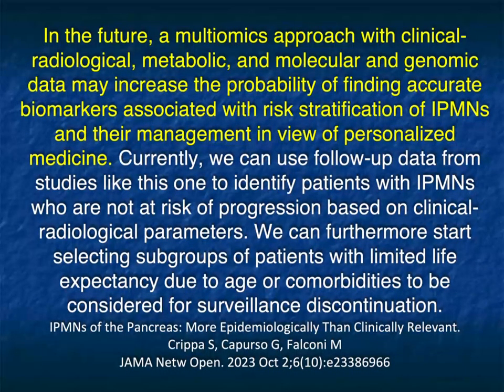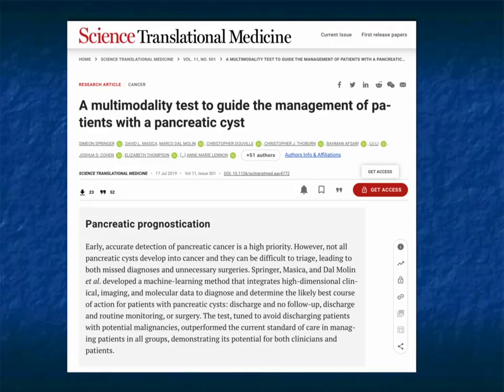The idea about, in the future, a multi-omics approach with clinical, radiologic, metabolic, and molecular and genomic data may increase the probability of finding accurate biomarkers associated with the risk stratification of IPMNs and their management in view of personalized medicine. And so what we're doing is really personalized medicine.